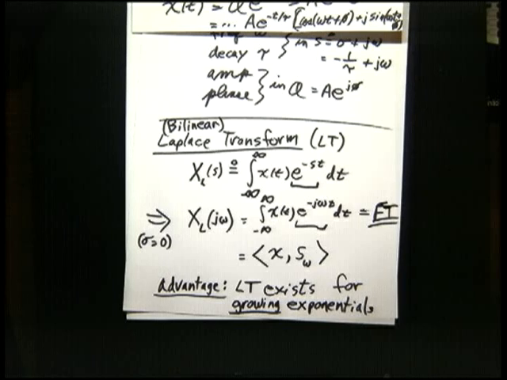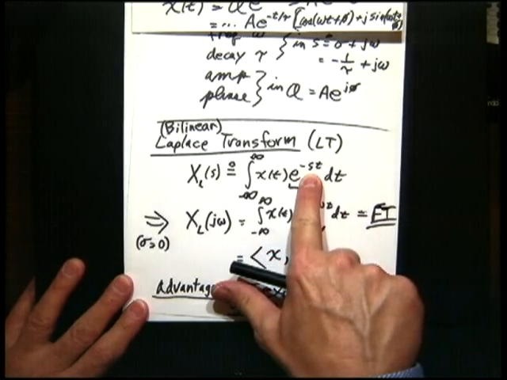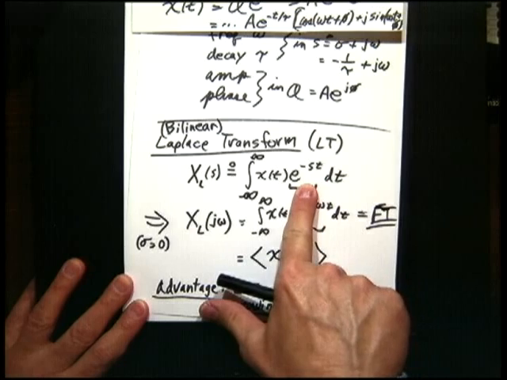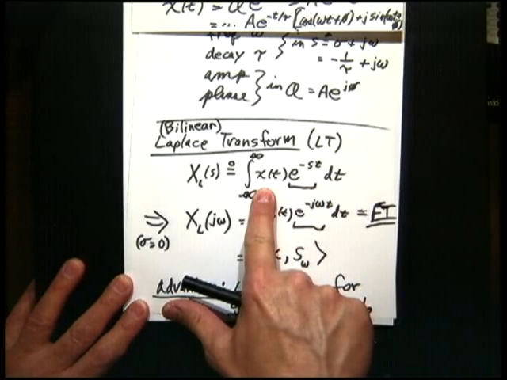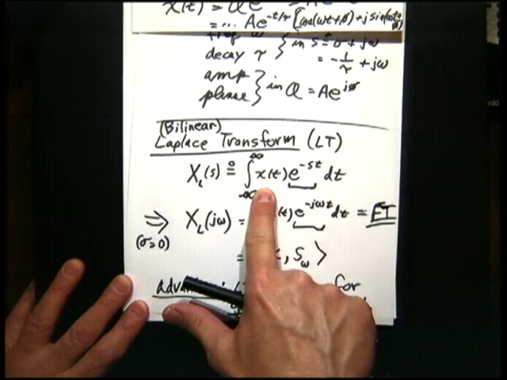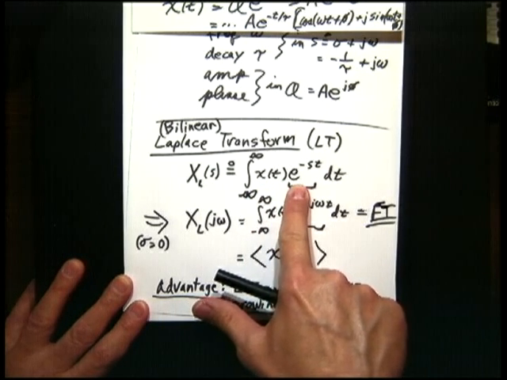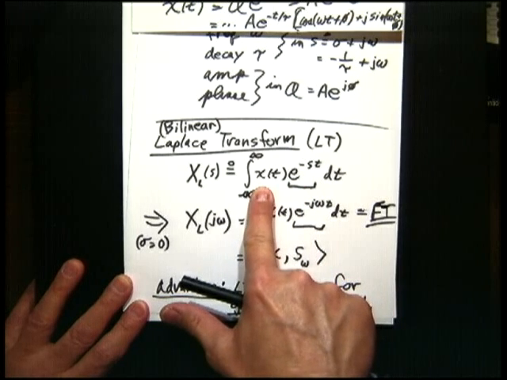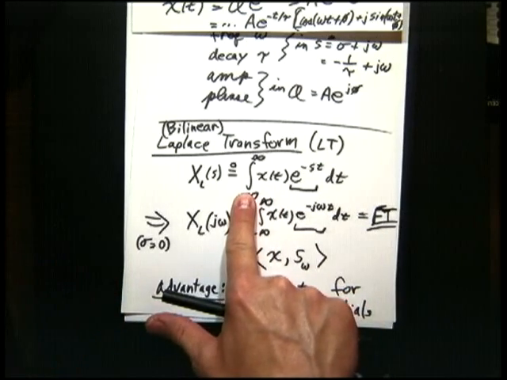It's obvious for sigma far enough to the right, because the farther you go to the right, the larger sigma is, the faster this kernel decays. So eventually you'll get over there to where you can overpower any exponential growth in the signal. So as long as the kernel of the transform is decaying faster than the signal is growing, you've got an integral that exists. And I'm assuming that it doesn't blow up to the left.